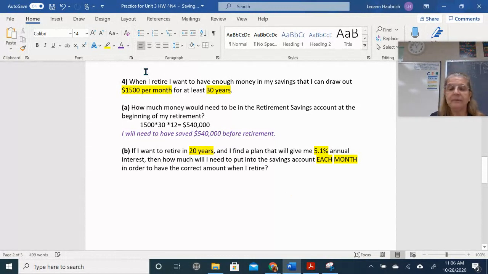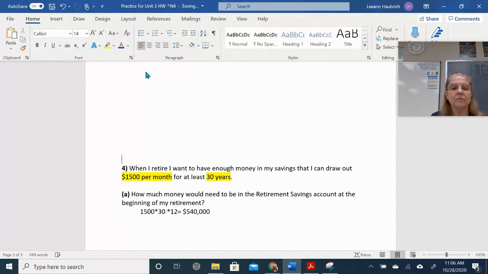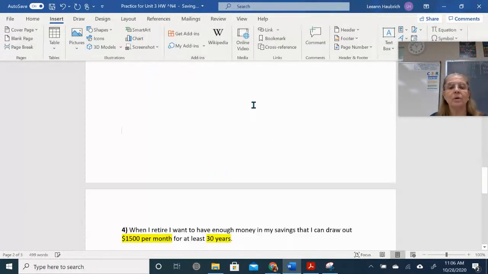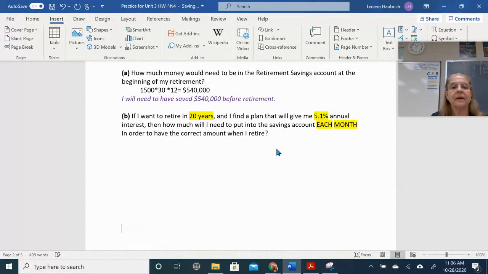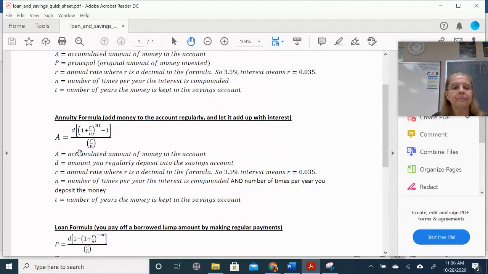I'm not going to have enough space on this page, so I'm going to lower it to the next page so we can get all the work on one page. And I'm going to move some of this other stuff out of the way. All right. So this is sounding like an annuity account. I'm going to come back here.